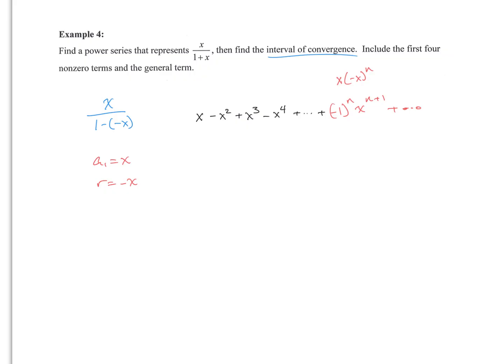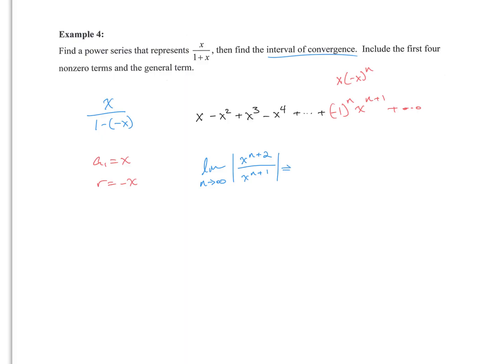We need to find the interval of convergence. I don't know if I did that on the last one. We're going to do it on this one. So how do I find the interval of convergence? We're going to use the ratio test. So now we have the limit as n approaches infinity of the absolute value of what? My next term. And so what is my next term? x to the power of n plus 2 over x to the power of n plus 1.